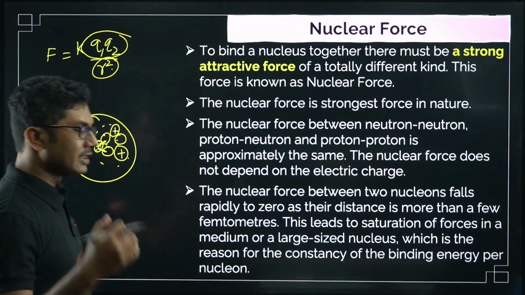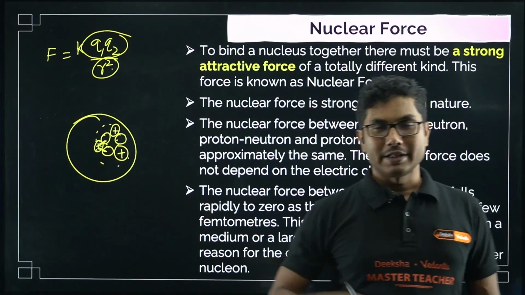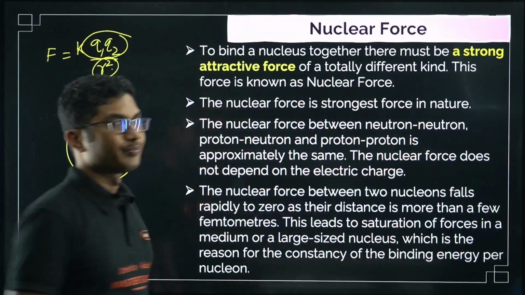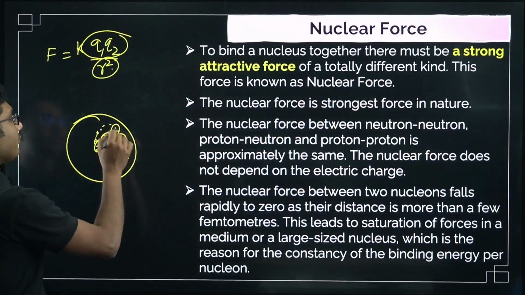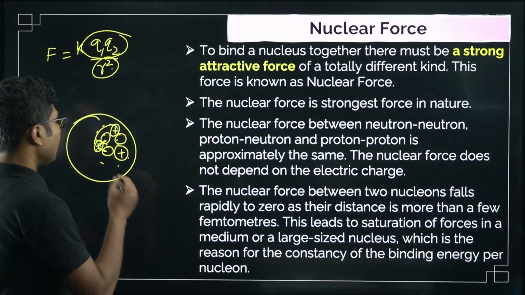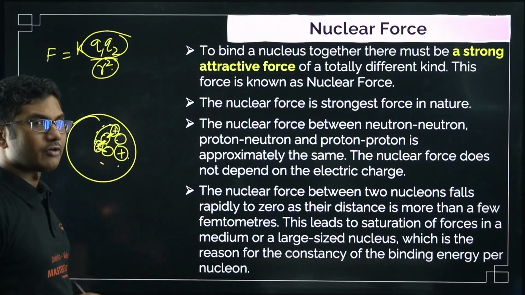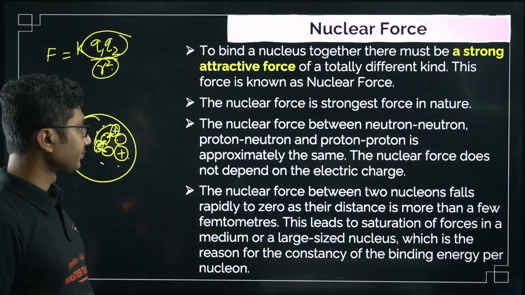As you increase the distance, nuclear force falls rapidly to zero. That means it becomes zero. So Coulomb force is still there, but nuclear force is not. But nuclear force between this one and these two is very, very strong because they are very close.